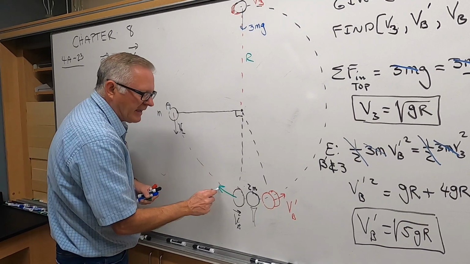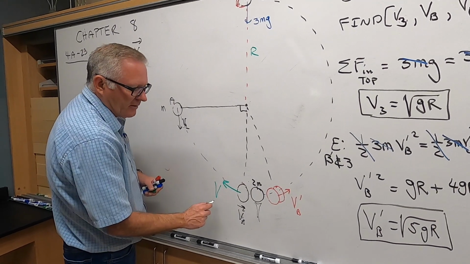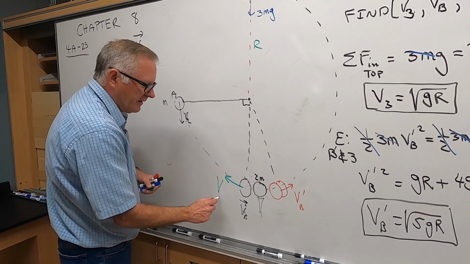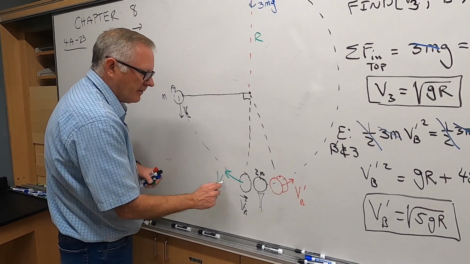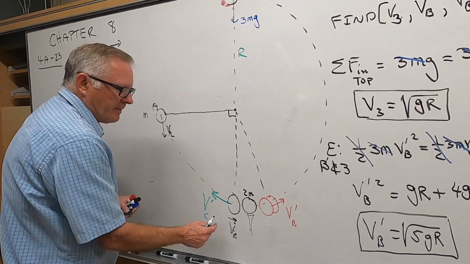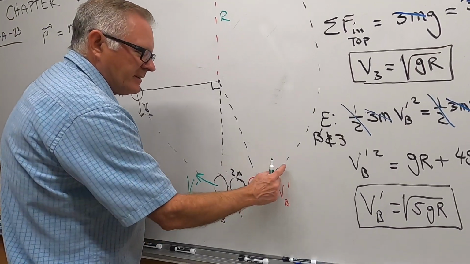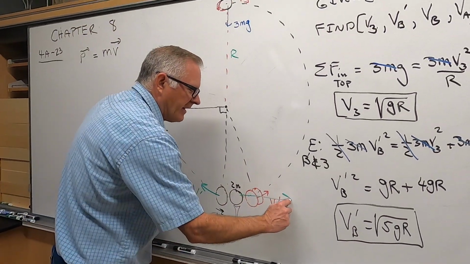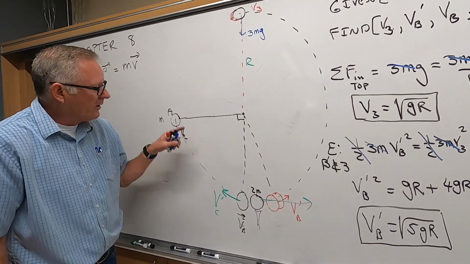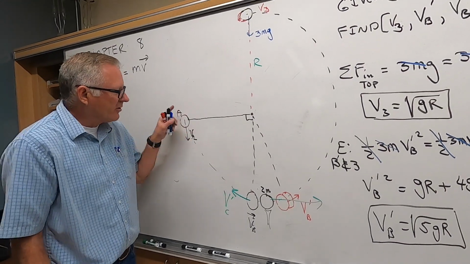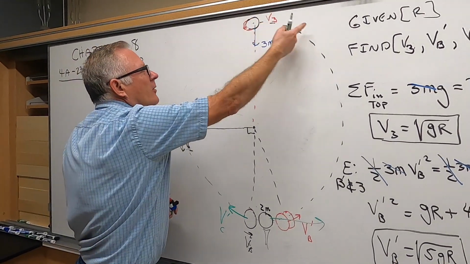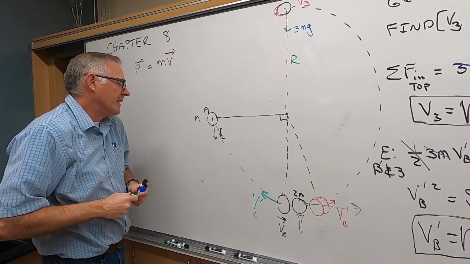It bounced back with a speed, say, VC prime right here. And then this guy would just go flying off the end right there. And we could have said, how hard do I have to throw this down so when this thing recoils, it makes it right back over the top right there. We could have done that.